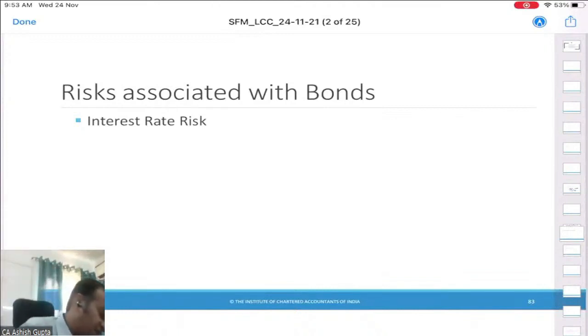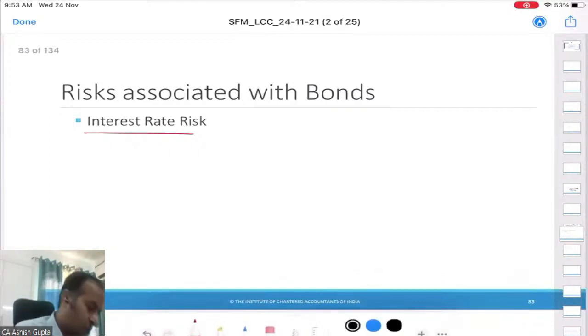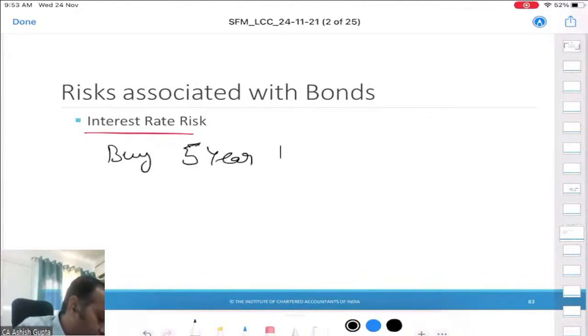Now, what is this interest rate risk? Suppose today you must buy a 5-year bond at 8% rate of interest.